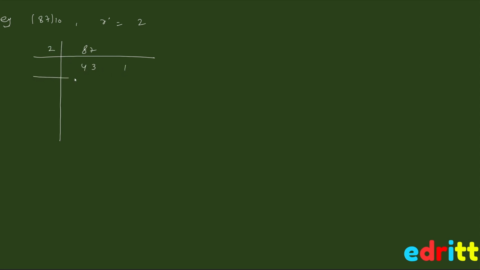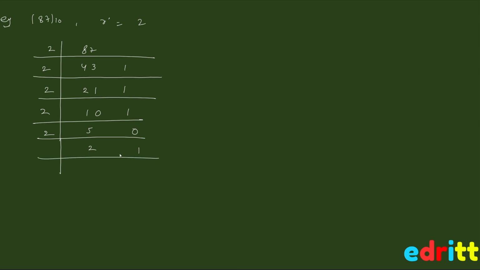I'll have a remainder 1, and then 2 2s are 4, 2 1s are 2, remainder 1, 2 1s are 2, 2 10s are 20, remainder 1, 2 5s are 10, remainder 0, 2 2s are 4, remainder 1, 2 1s are 2, remainder 0, 2 nothings are 0, 2 zeros are nothing, and remainder is 1.